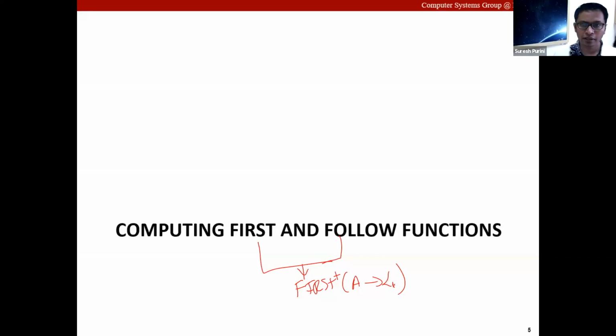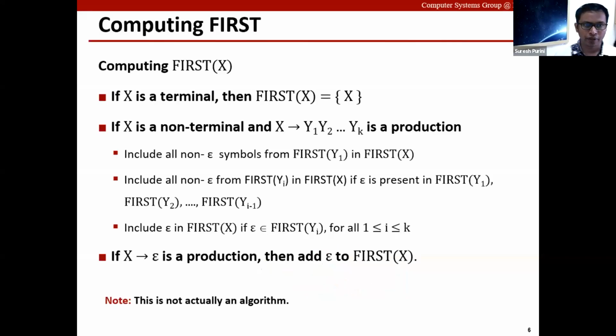All right. So this is computing first of X. We will summarize the discussion that we have seen in this slide. If X is a terminal, then first of X is X. And if X is equal to epsilon, then first of epsilon is equal to epsilon.